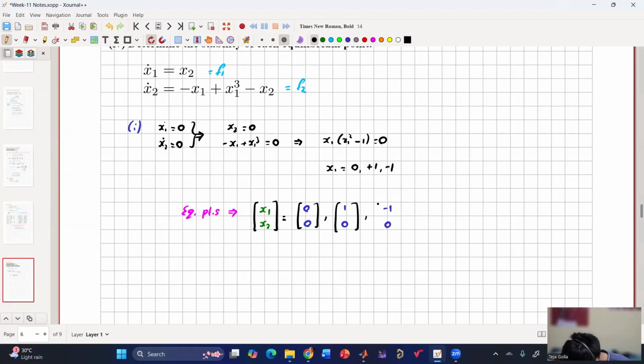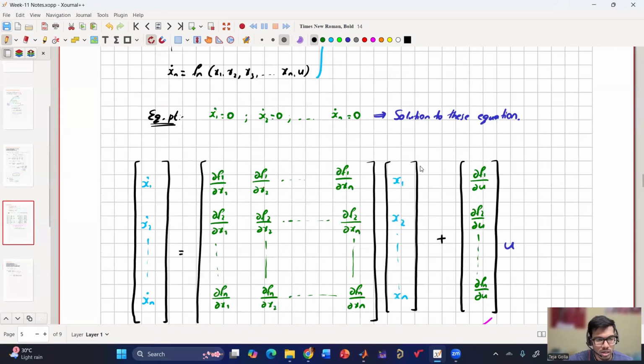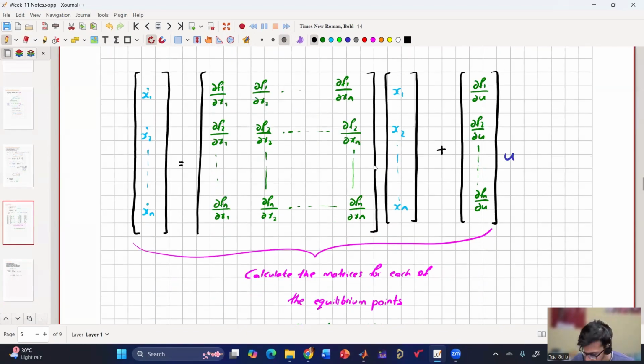Now, as I have said, you have to calculate the linearized model at each of these equilibrium points, because the dynamics will vary depending upon the equilibrium point. One thing I forgot to mention, this is the Jacobian matrix.